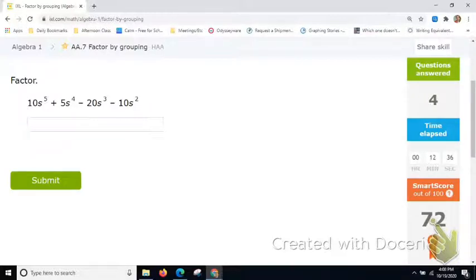So first, do they all have something in common? Well, they all have s to the second, and 5 goes into everything. You can't use 10 because of the 5, but 5s to the second.